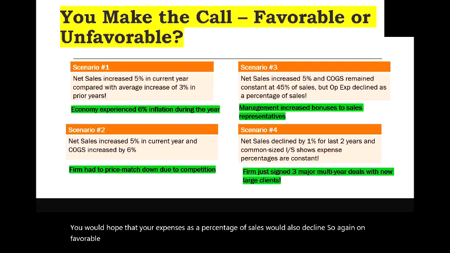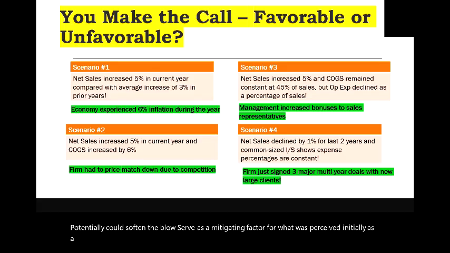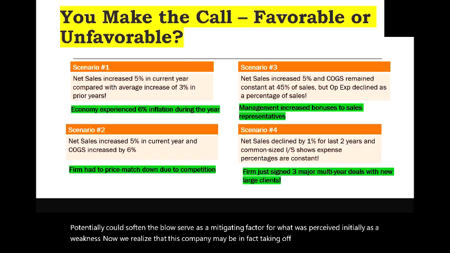However, what if you were told that the firm just signed 3 major multi-year deals with new large clients? Potentially could soften the blow, serve as a mitigating factor for what was perceived initially as a weakness. Now we realize that this company may be, in fact, taking off in terms of their increase in sales.